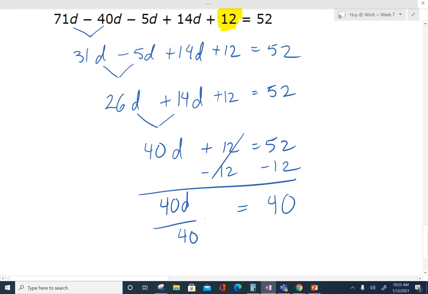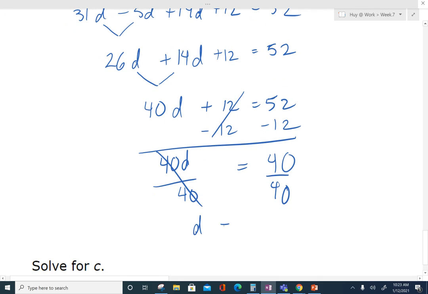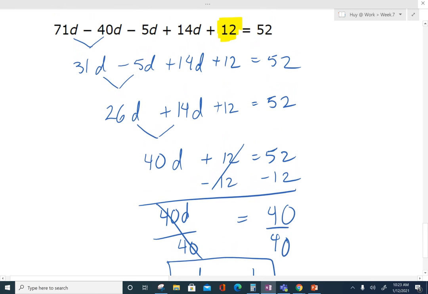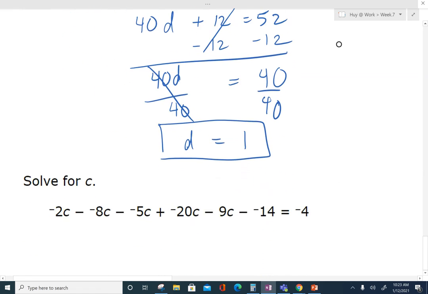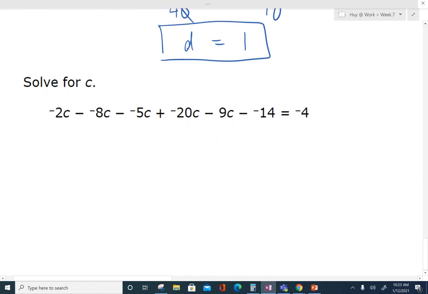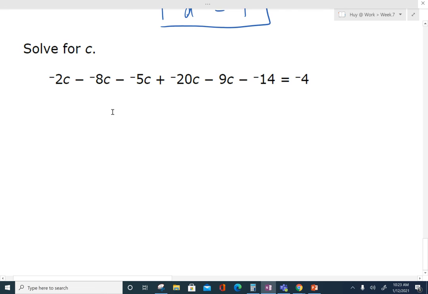So I'm dividing by 40 now. 40 divided by 40 is 1, so days is 1, because 40 divided by 40 on the right side is also 1. Right? So this time we had to combine like terms and then solve the two-step equation because we had a constant involved.